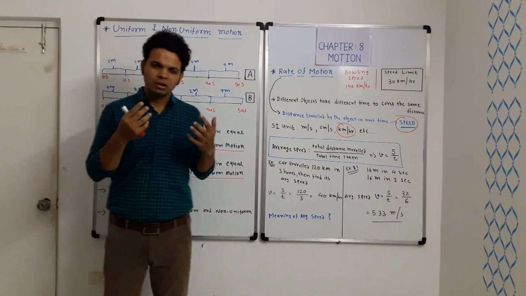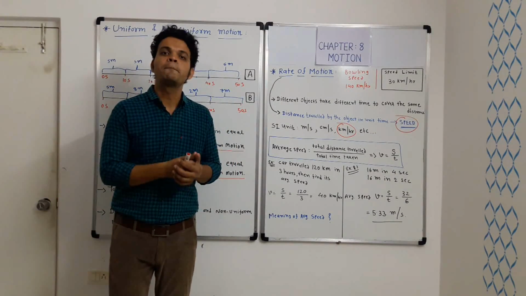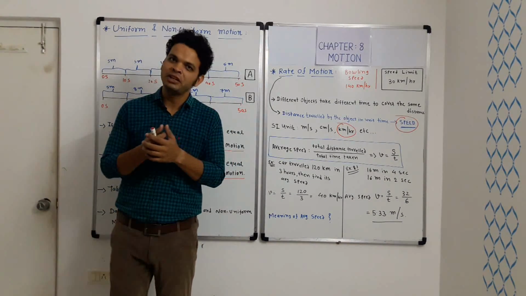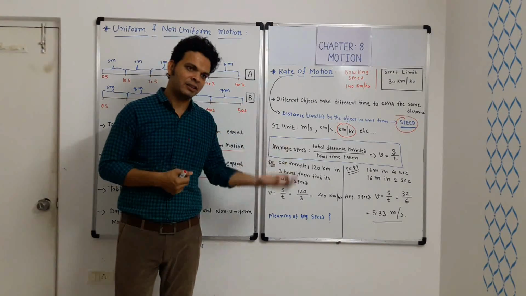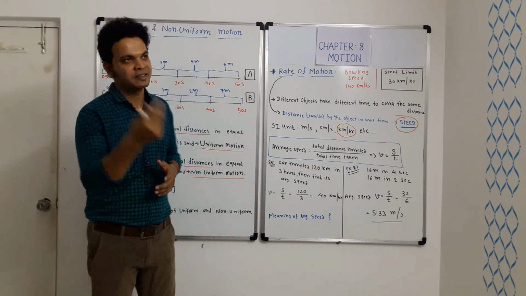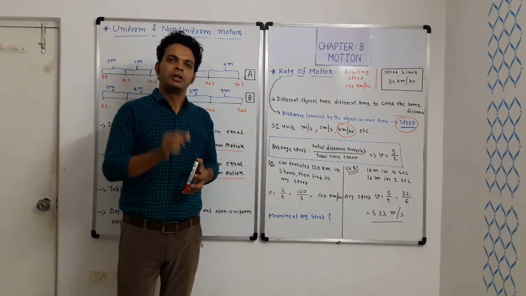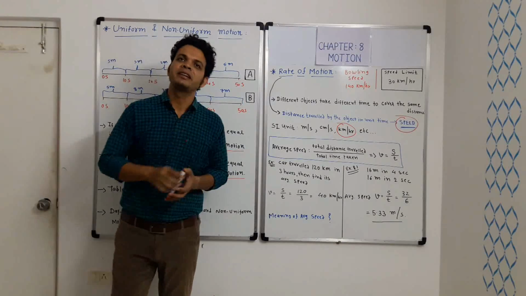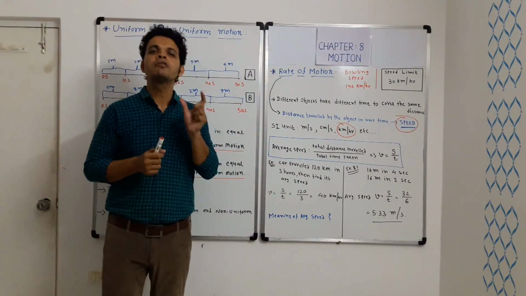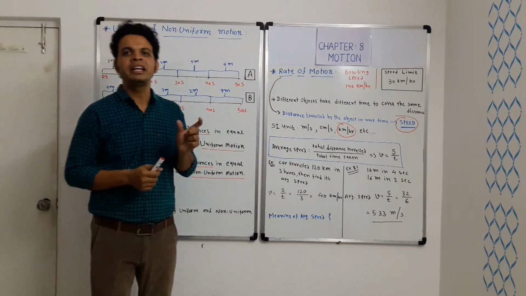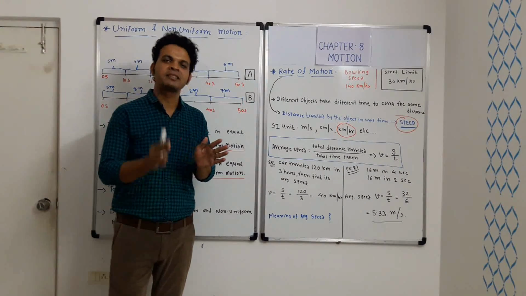Okay, you probably have come across the term percentage. Let's say in one subject you have scored 80 out of 100, or in another subject 75 out of 100 and 65 out of 100. So you define the term percentage. Let's say your percentage is 72. Does it mean that you have scored exactly 72 out of 100 in each and every subject?